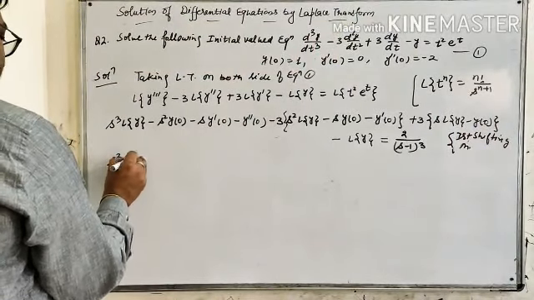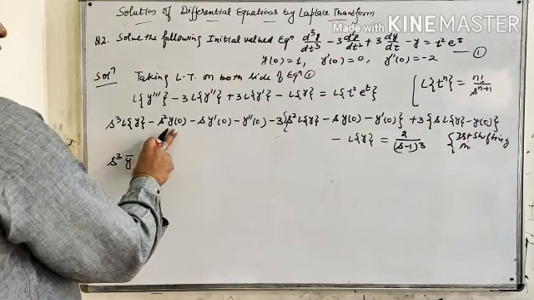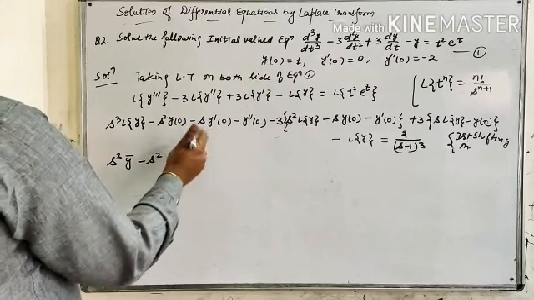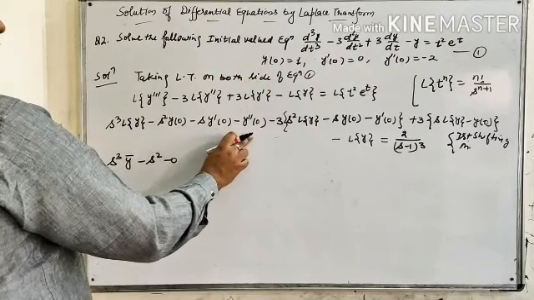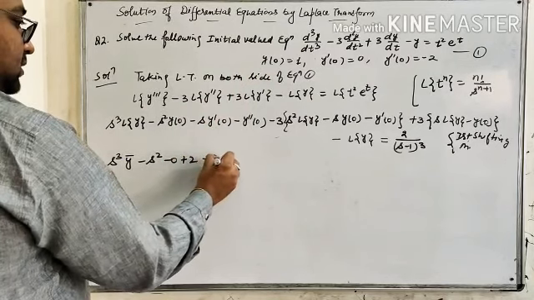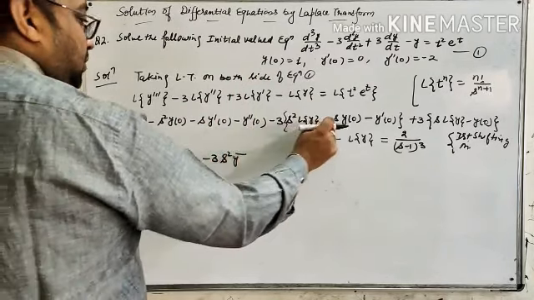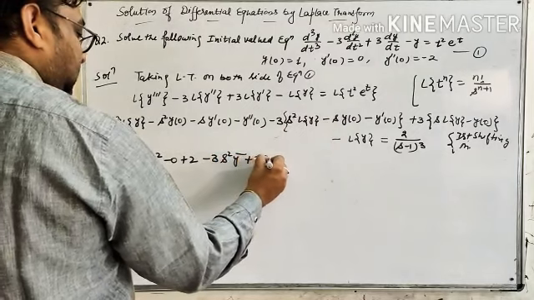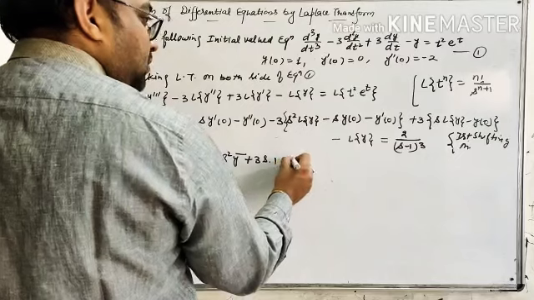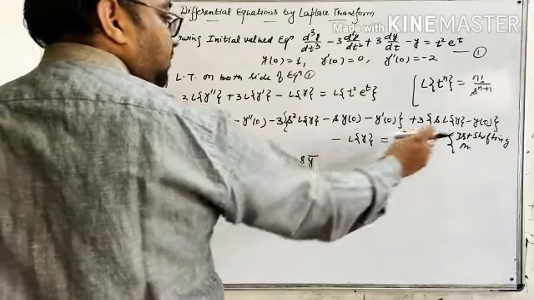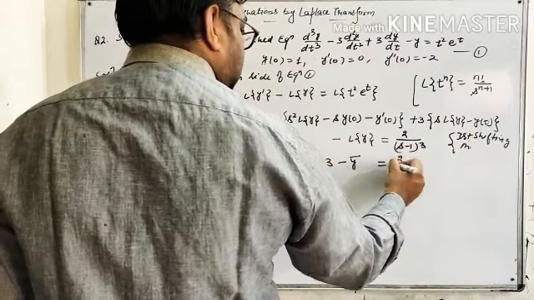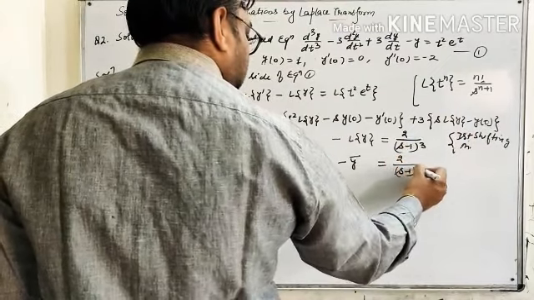So s cube Laplace of y will be y bar; y(0) is 1, so minus s square; y dash 0 is 0, so minus 0; y double dash 0 is 2, minus 2, so it will be plus 2; minus 3s square y bar, plus 3s into 1, this will be 0, plus 3s y bar and y(0) is 1, so minus 3, minus y bar is equal to 2 upon s minus 1 cube.